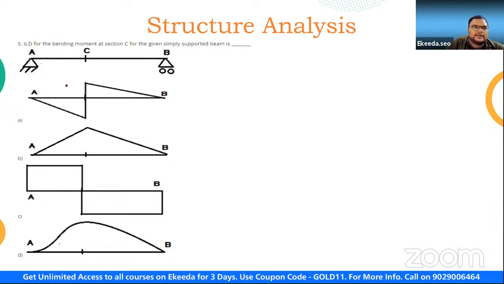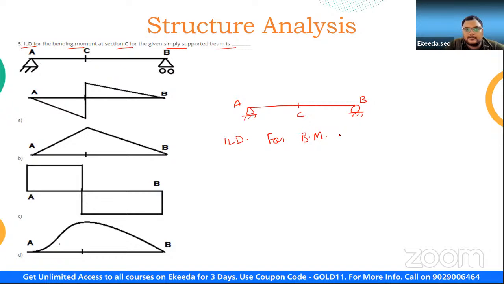ILD, what is it saying? ILD for bending moment at section C for a simply supported beam. So see here, the question is, this is again a simply supported beam and this is point C, this is A, this is B. What we have to determine is the ILD, the influence line diagram for bending moment at section C, or I can say point C, right?